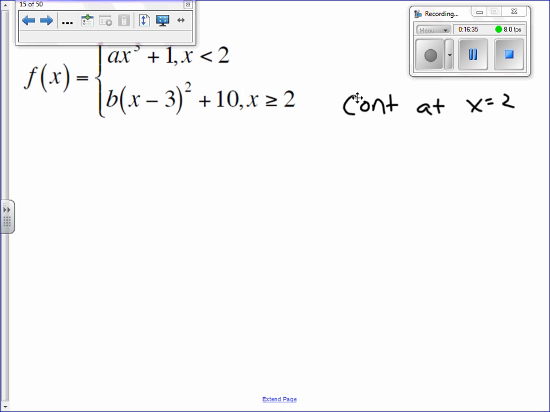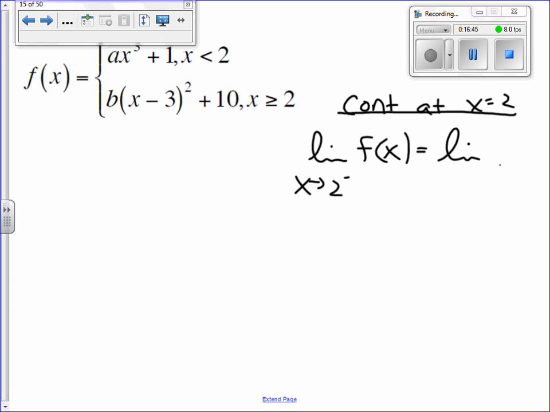So just knowing it has to be continuous at x equals 2, we know the limit of f of x as x approaches 2 from the left has to equal the limit of f of x as x approaches 2 from the right. Now we just have to fill in those limits.